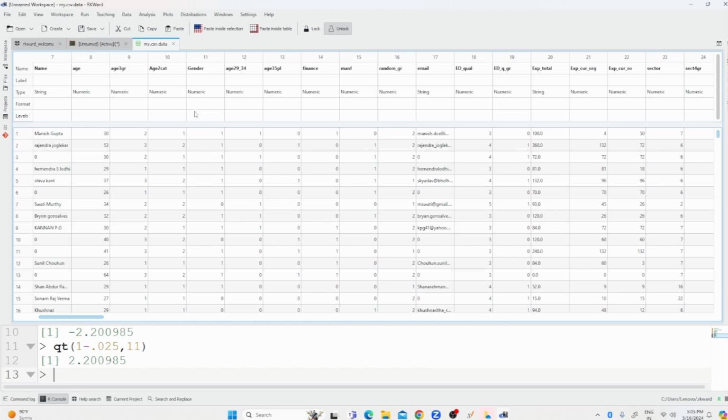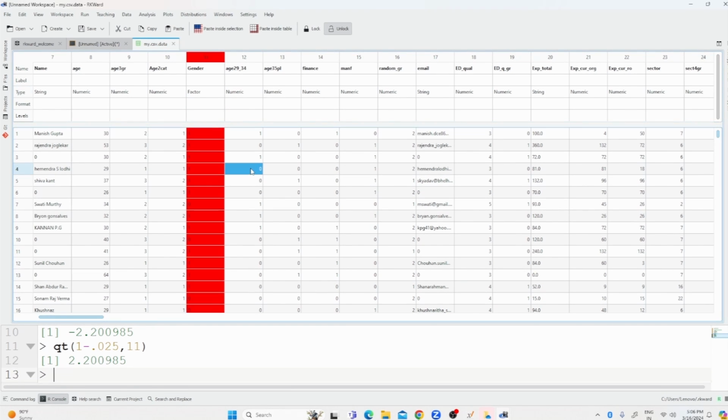Gender 1 1 1 0 1 0 and so on. Okay, so there are two categories. Now these are factors. So we make it a factor. Why factor? Because 1 and 2 are numbers, not names.